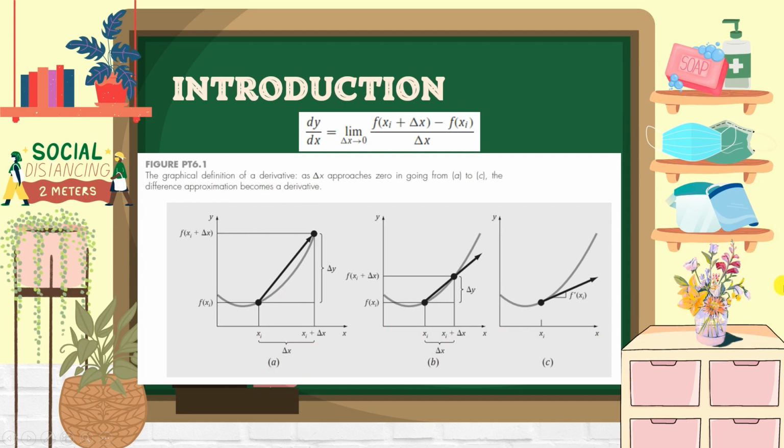The derivative is the slope of the tangent to the curve at x sub i. The second derivative represents the derivative of the first derivative. Thus, the second derivative tells us how fast the slope is changing. It is commonly referred to as the curvature because a high value for the second derivative means high curvature.